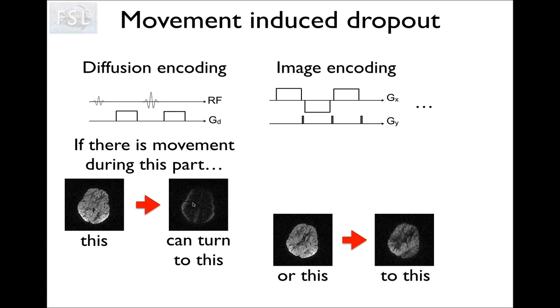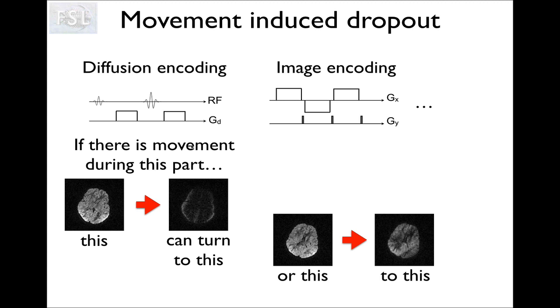And it's not hard to imagine that this could be the case, because if you imagine what we are doing with these diffusion gradients here, this diffusion encoding, is that we are inducing a signal loss that is proportional to a tiny movement of the water molecules.